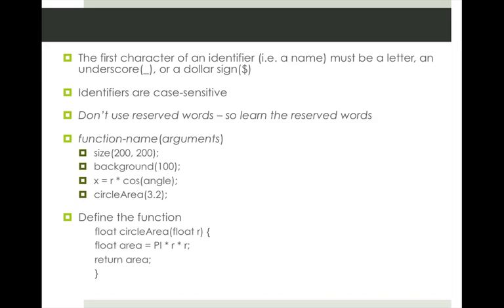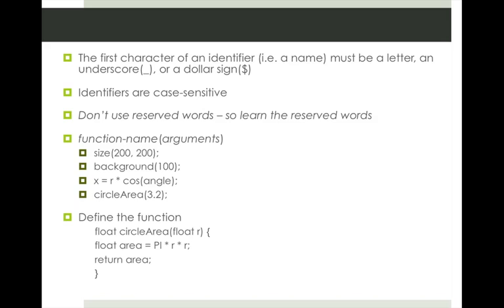So we have a function name. Sometimes the function name can have an argument. The function can also return a value. Sometimes it doesn't need to return a value, so we call those types of functions void functions.